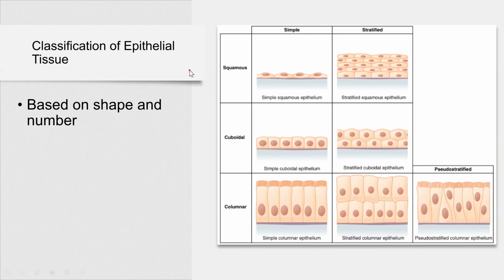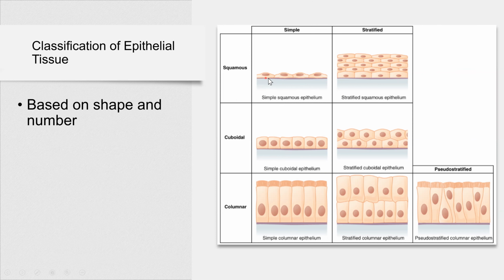Now, how do we classify epithelial tissue? It can be classified based on the shape of the cells and the number of layers. So if you look at this diagram here, epithelial tissue can be simple when we have one layer of cells. So here, this one is simple, this one is simple, and this one on the bottom is simple too, because we only have one layer of cells.